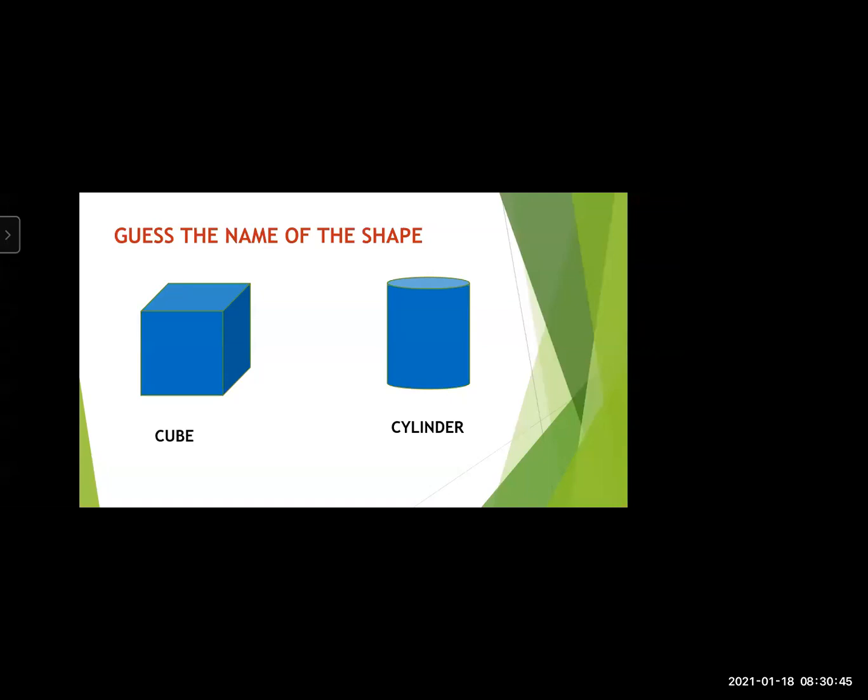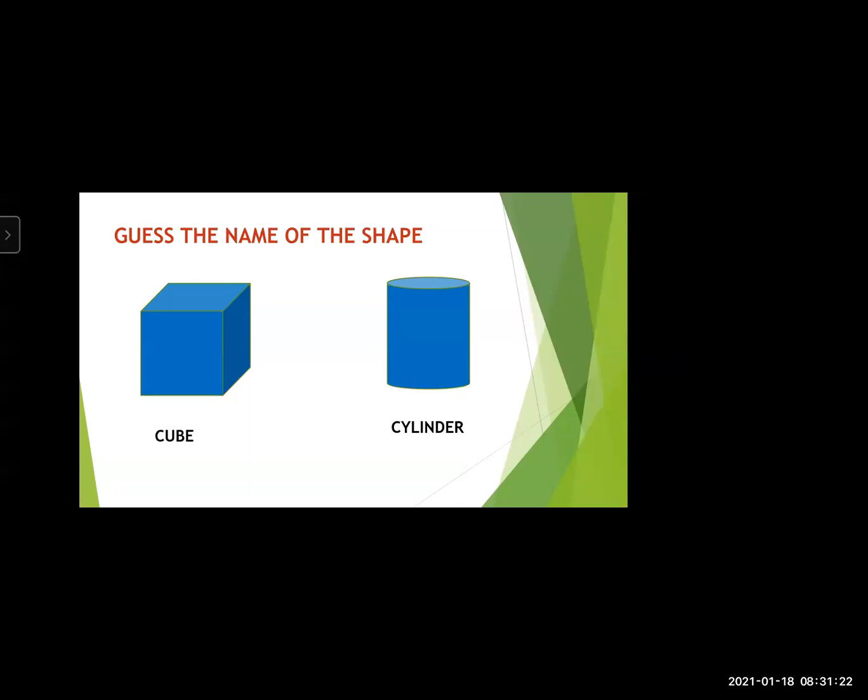So children, let us recall everything we have learned today. What was the first shape we have learned today? Rectangular prism, that is a cuboid. Very good. What is the next shape? Cube. Excellent. Next?